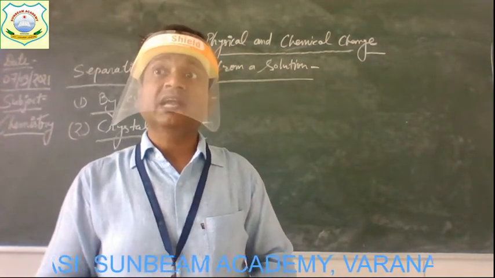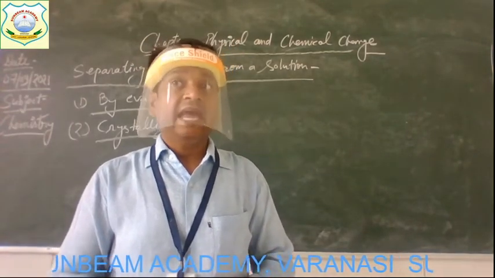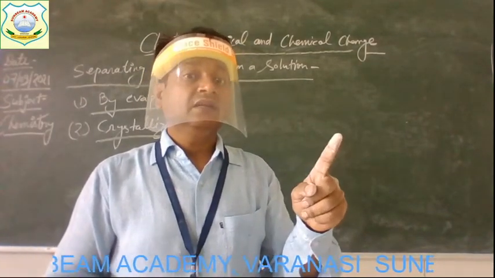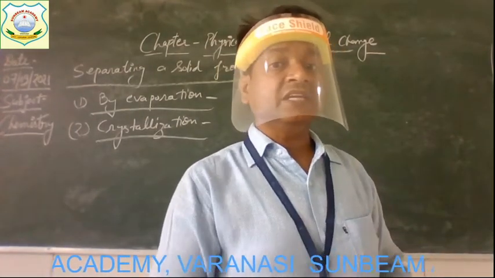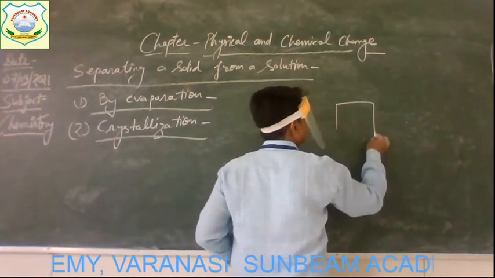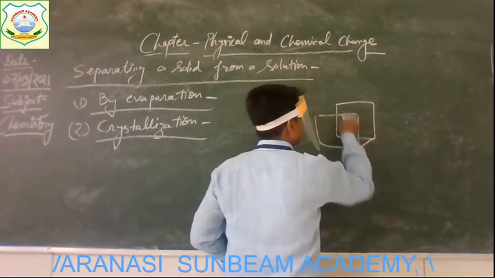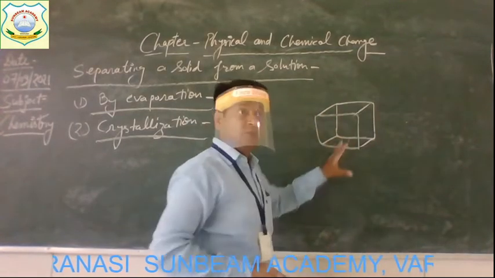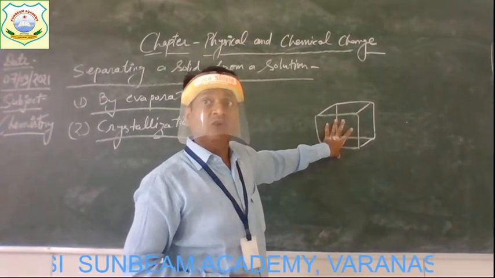What are these structures called? Crystals. Okay, and in a crystal, the atoms or molecules are arranged in a regular pattern. Suppose this is the crystal. Somewhat like that, right? The crystal of sugar is also somewhat like that.